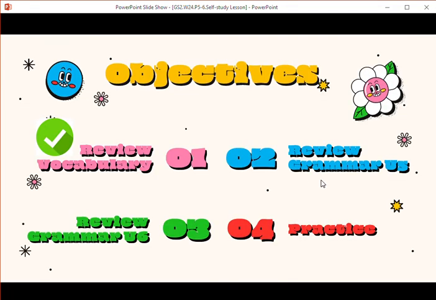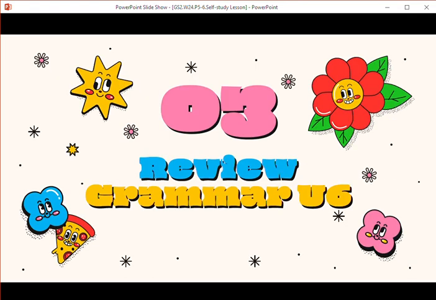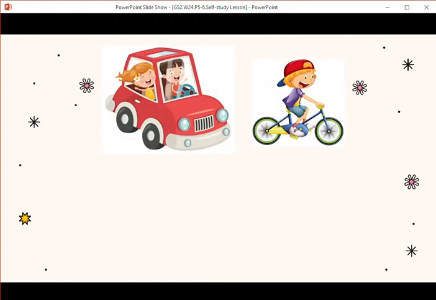So, we just finished objective number 2. Now, let's move to the objective number 3. Review grammar of Unit 6. Look at the picture. What can you see in the pictures? Here, we can see a car and a bike, right?